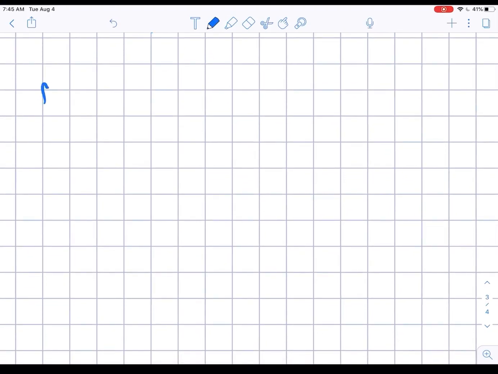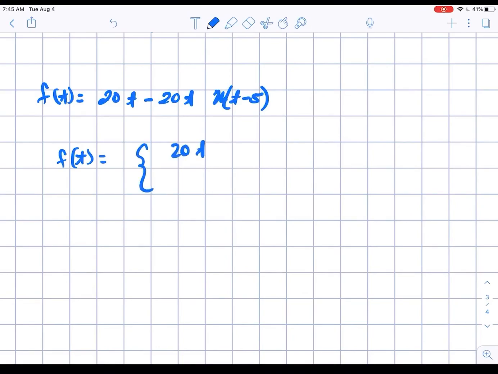Okay, here's another example. Okay, and you know, you could write it as a step function this way, but I kind of want to show you how you could use the unit notation for a function rather than, so these two are equivalent, right?